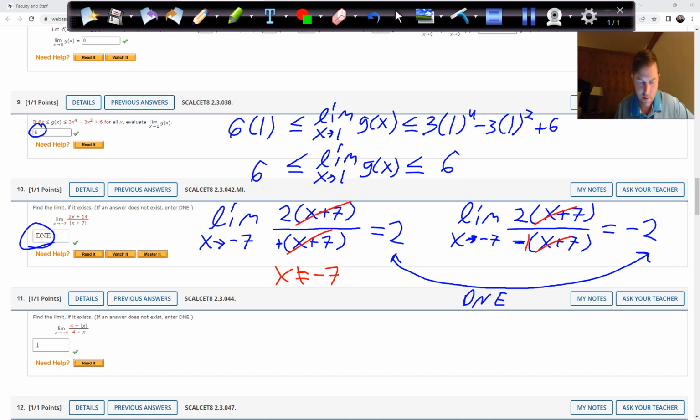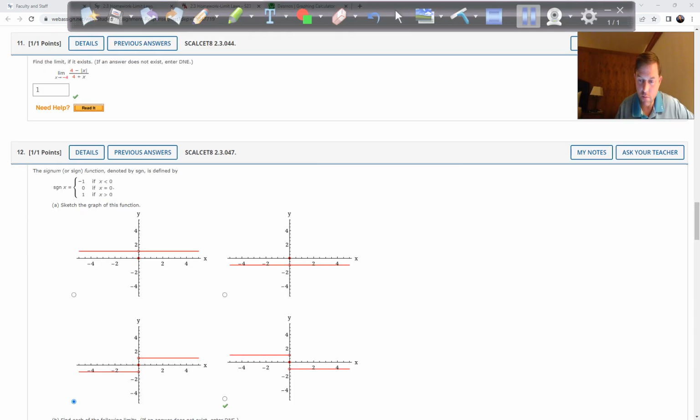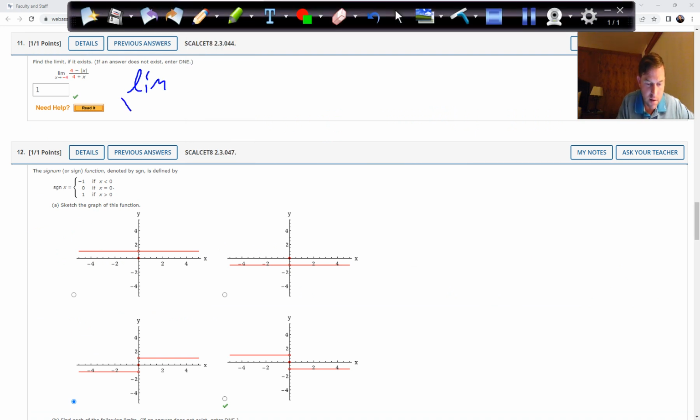Okay, so that's 10. Okay, for problem 11, it's the same kind of approach. We have the limit as x approaches -4 of the absolute value of 4 minus x over 4 plus x.